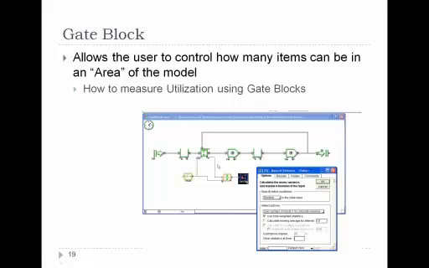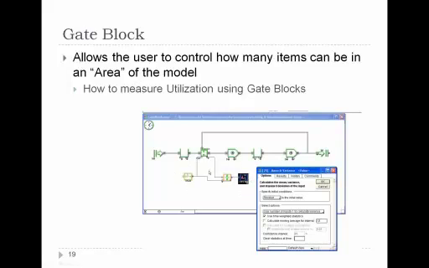In this case, dividing the number of areas. So in the gate block, we have two connectors. The first connector is the maximum amount allowed in the area, and the second connector on the output is the total amount in the area at any one point in time. By setting up a constant block and a divide block, and then also a mean and variance block using time-weighted statistics, the utilization of these items can be measured using these three blocks.